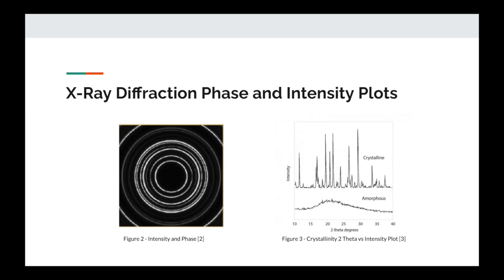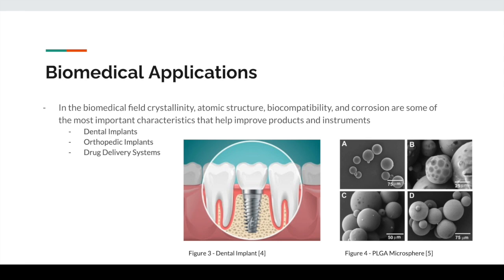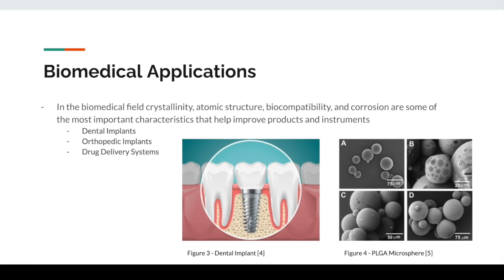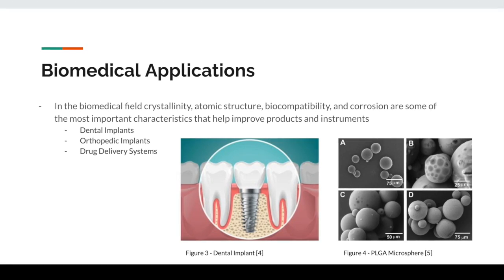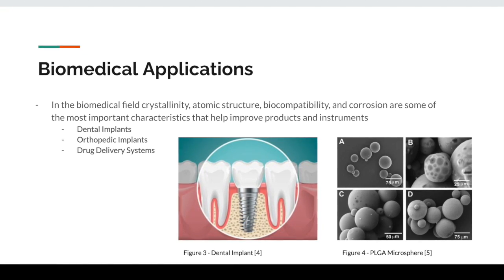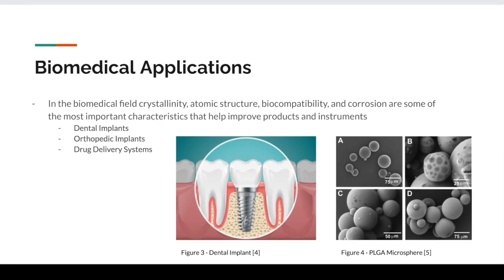This information can then be plotted on a 2 theta versus intensity graph, and in figure 3 on the top is the resulting 2 theta versus intensity wave of a crystalline material, and on the bottom is the result of a more amorphous material.